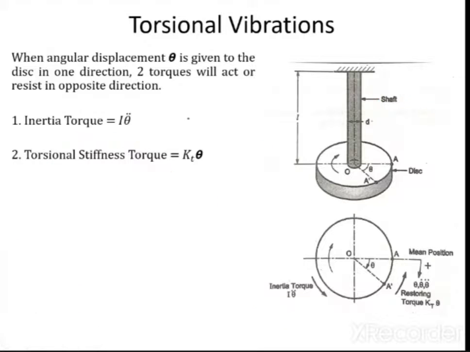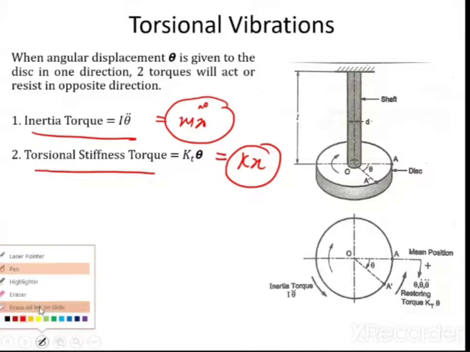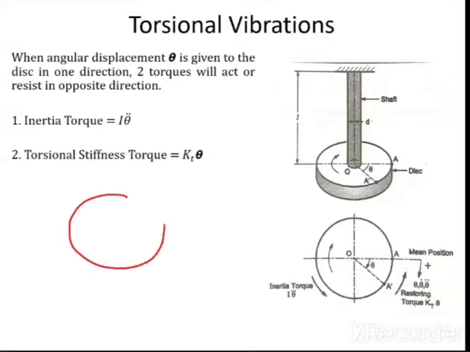Okay, so this inertia torque is equal to the inertia force m x double dot, and this torsional stiffness torque is equal to the spring force kx. So in the linear system, spring force kx is equal to the torsional stiffness torque in case of the torsional system, and inertia force m x double dot is equal to the inertia torque. So try to remember the comparison. So what will be the direction? Let us say that this is a disk.